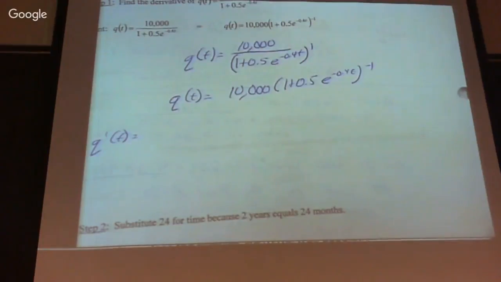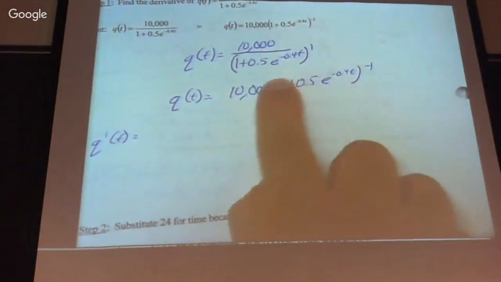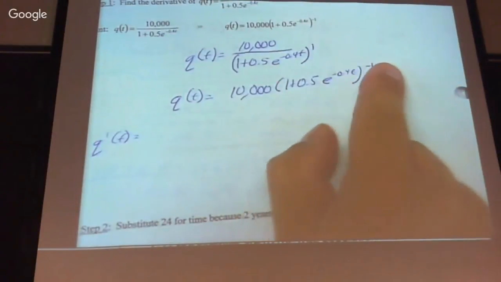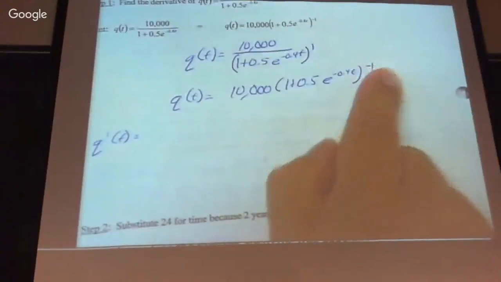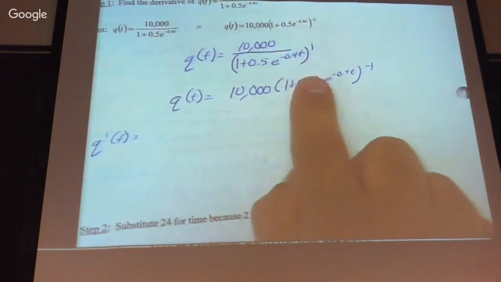Subtract 1 from the exponent. Then derivative of the inside. So the exponent goes to the front, inside stays the same, subtract 1 from the exponent, and then take the derivative of the inside, whatever you have to do to take the derivative of the inside.